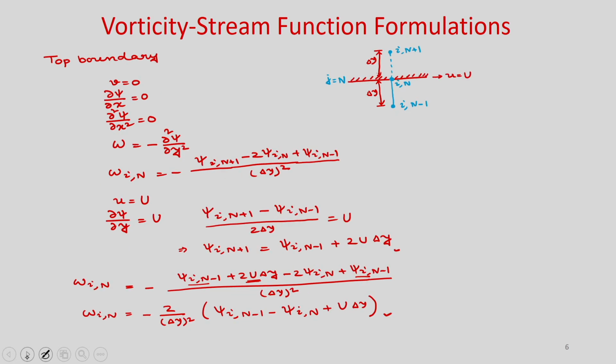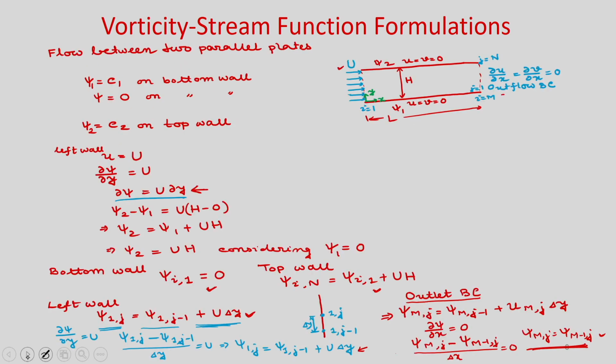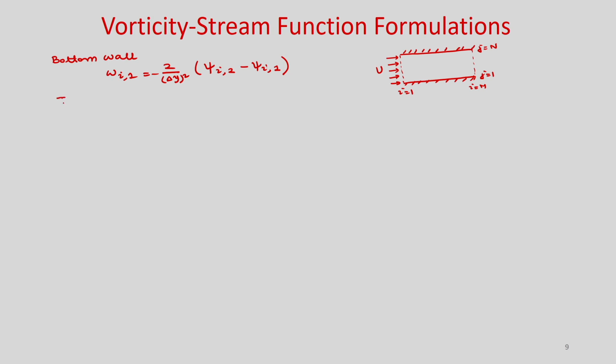And for the top boundary, you can write it in a similar way. So, top wall will be omega, so j is equal to n.